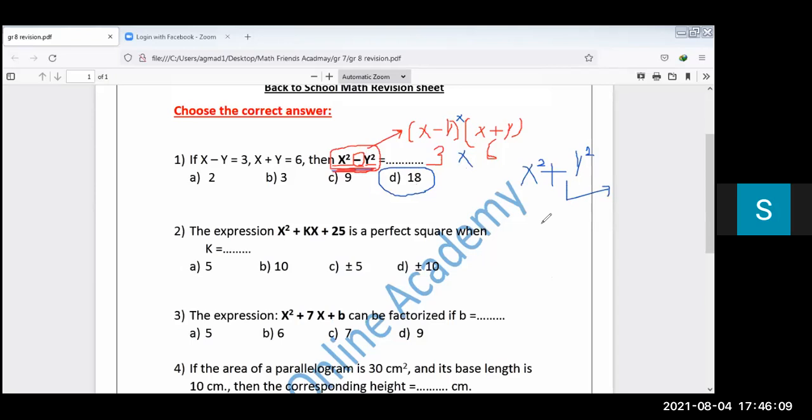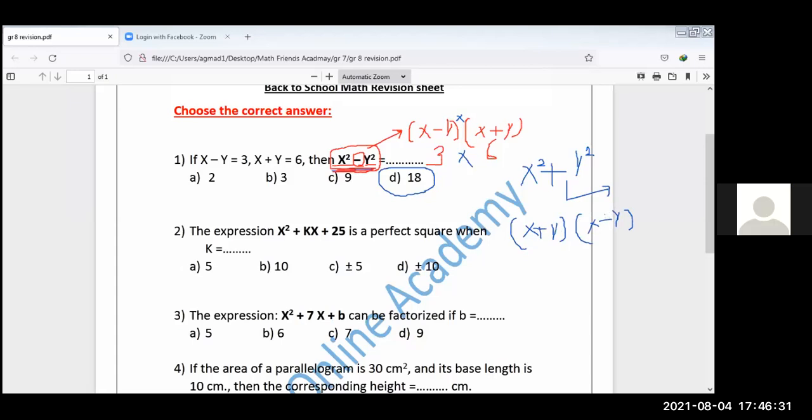How? I will make by the same way, two brackets like this, x here and x there, and y. Then what I will do? Plus. Both of them plus. Are you sure from your answer?